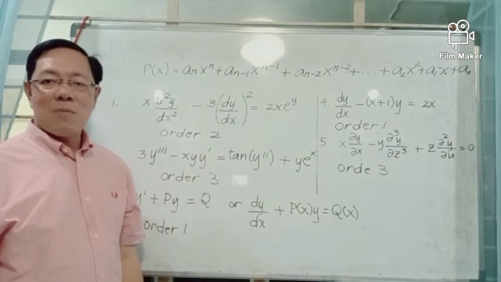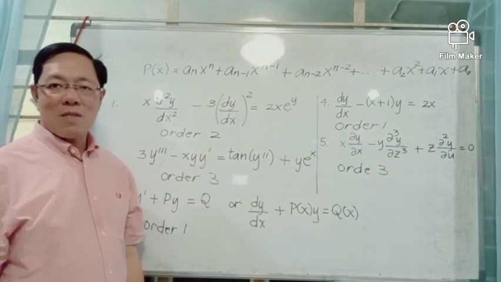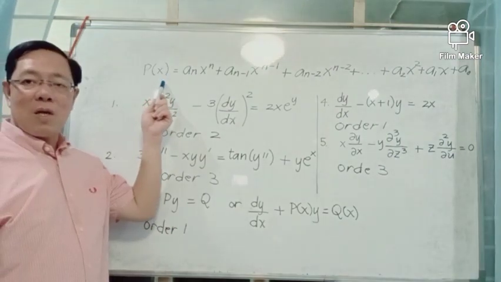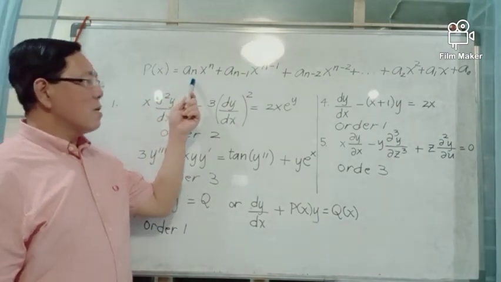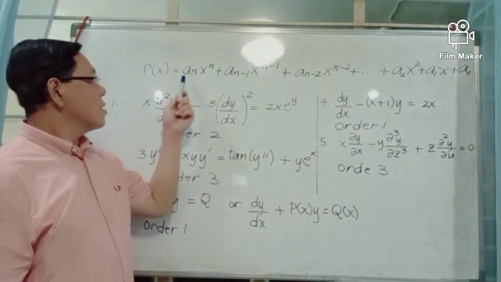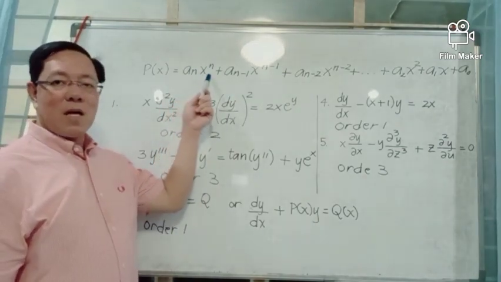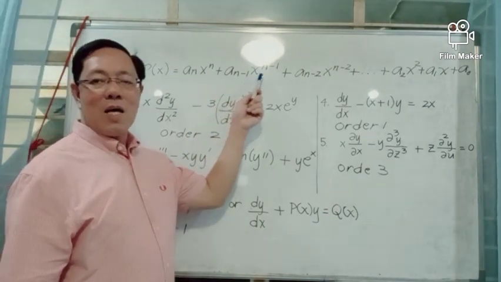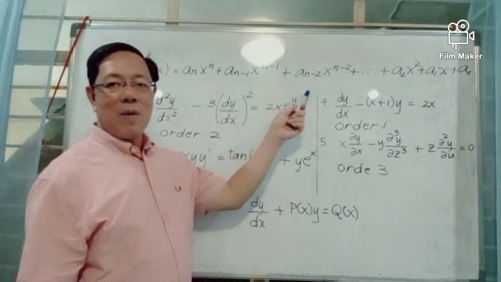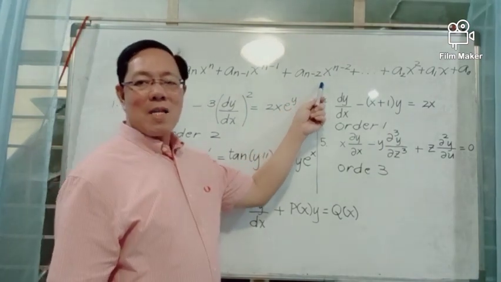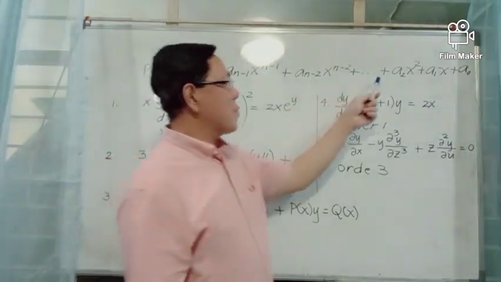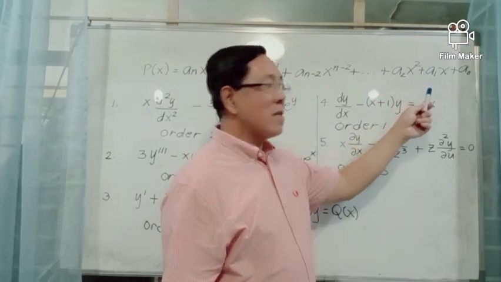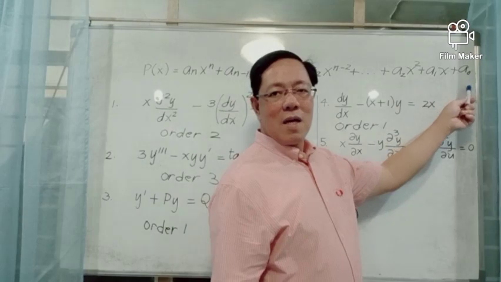In general, a polynomial expression p of x is of this form: a sub n times x to the n plus a sub n minus 1 times x to the n minus 1 plus a sub n minus 2 times x to the n minus 2, plus up to plus a sub 2 x squared plus a sub 1 x plus a sub 0.